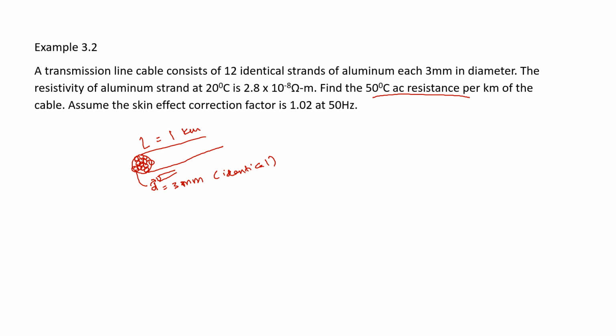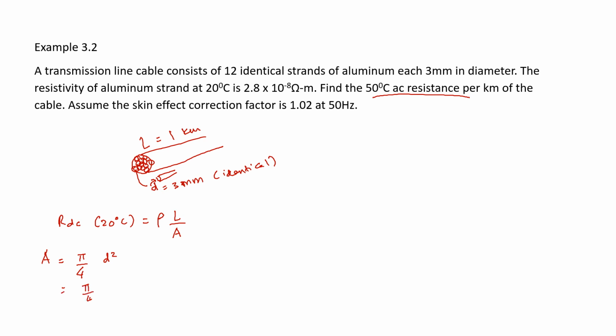So we know that the DC resistance RDC at 20 degrees Celsius is equal to rho multiplied by the length of the conductor divided by the area of the conductor. And because we have 12 strands, we need to find the area of the conductor, which is, we know that area is equal to pi divided by 4 times diameter square.